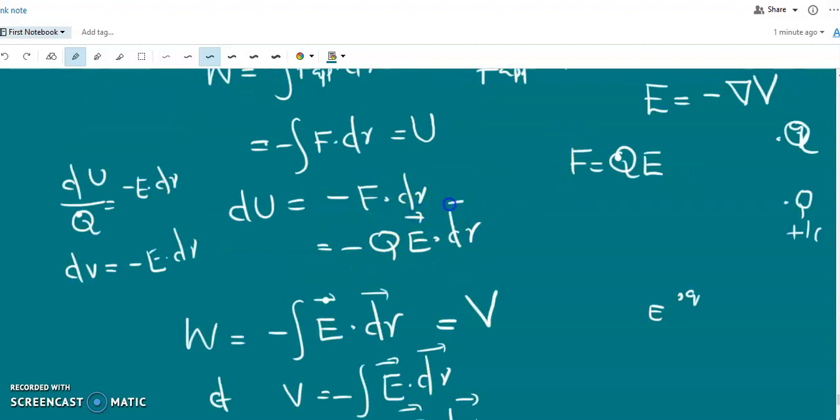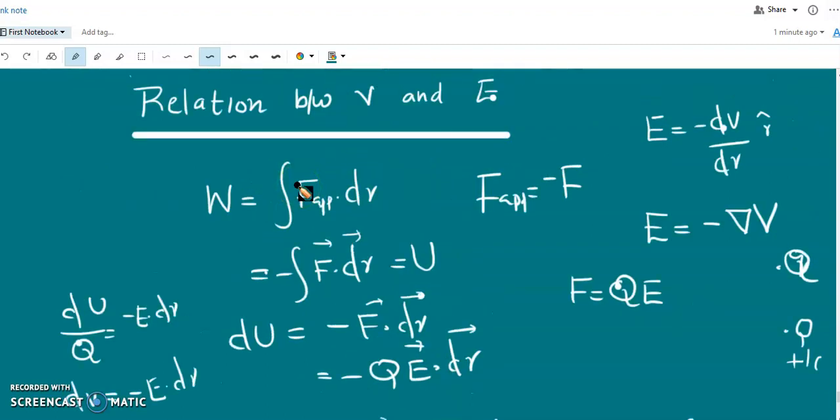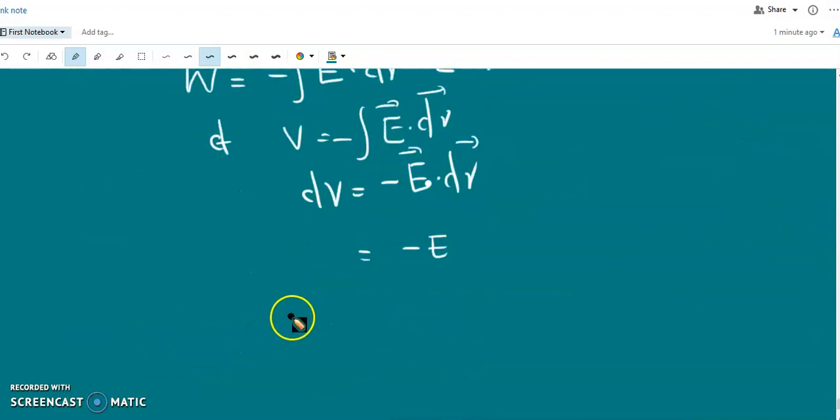We have vector symbols over here, but potential energy is a scalar, energy is a scalar. Energy by charge is again a scalar, so potential is a scalar. A dot B is magnitude of A into magnitude of B cos theta.